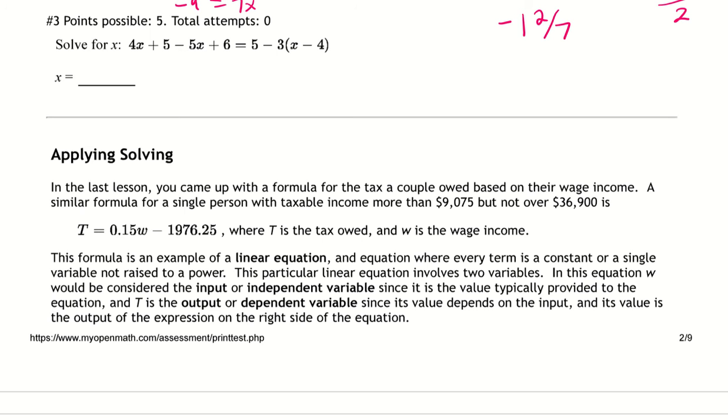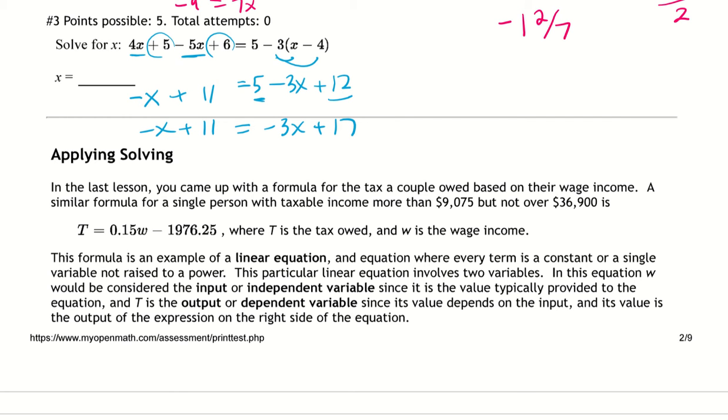And then the last one, here's a lot of variables and numbers. If I see parentheses, I want to distribute those first and then see if I can combine anything. So I can combine those, which gives me negative x. I can combine the numbers, positive 11. On the right hand side, I combine the 5 and 12. And now this looks more similar to what we've seen.